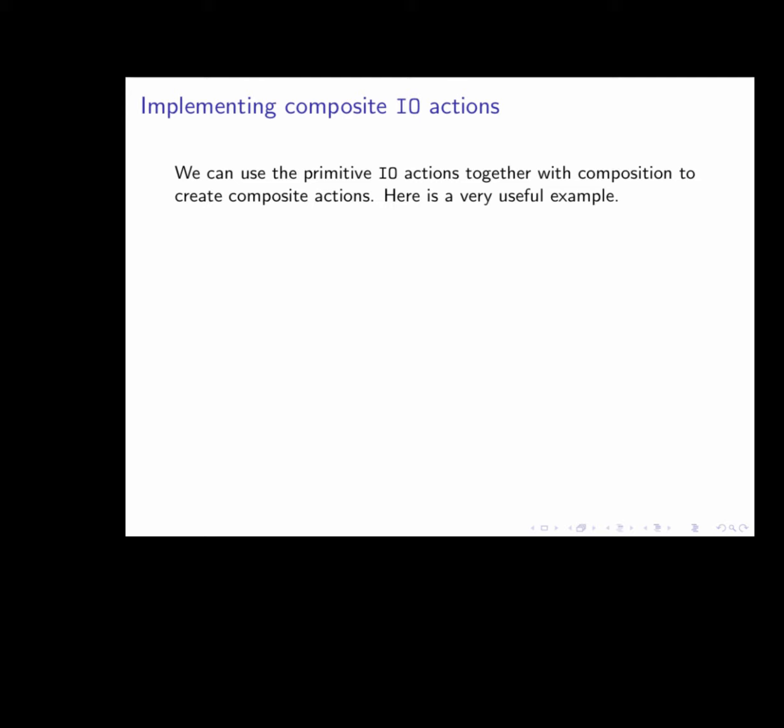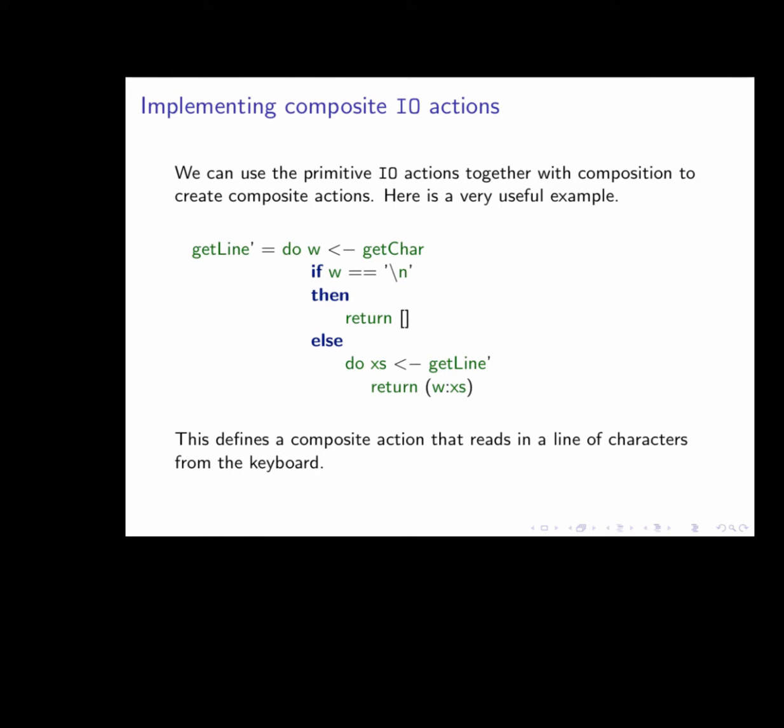Now, we can use the IO actions together with composition to create composite actions, as I've just said. Here's a very useful example. Suppose I want to read a line from input. How do I do that? Well, we compose some IO actions. The first one says, here's a character. I get the first character from the keyboard, and it becomes a value of W. If W is end of line, we finish the sequence by the IO action return the empty list.